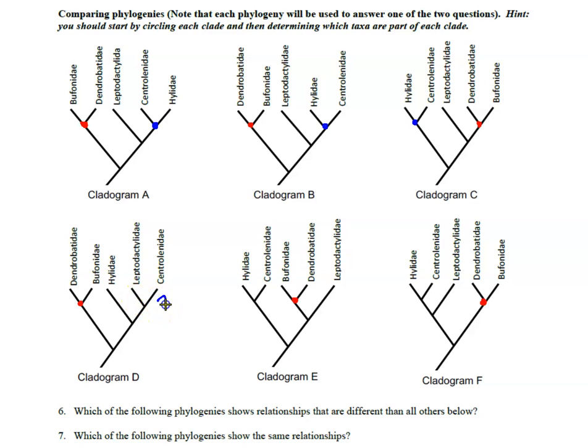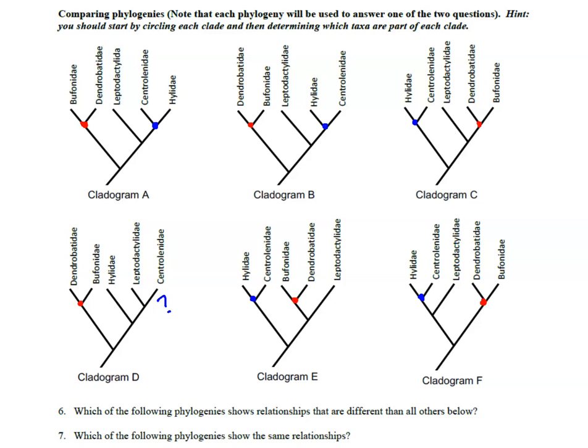So we're missing the blue node over here, so I'm just going to put a little blue question mark to remind myself that we don't have that same node there, giving us an idea that this is probably different. All right, how about over here? Yes, we have C and H sharing that common ancestor, the little blue node. And again here, C and H. Okay, so far D is looking a little bit different than the other 5. But we have to keep going. We have to look at all the other relationships too.